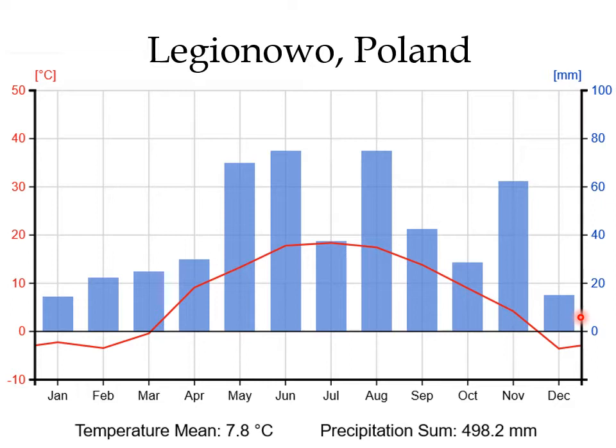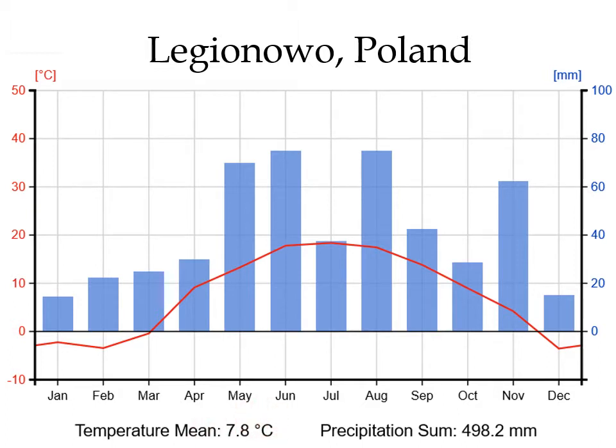So its temperature range in this case will be 18 minus, let's say, minus 6. So it will be a temperature range of 24 degrees, which is quite a lot. And the mean temperature, as we can see, is quite cold.